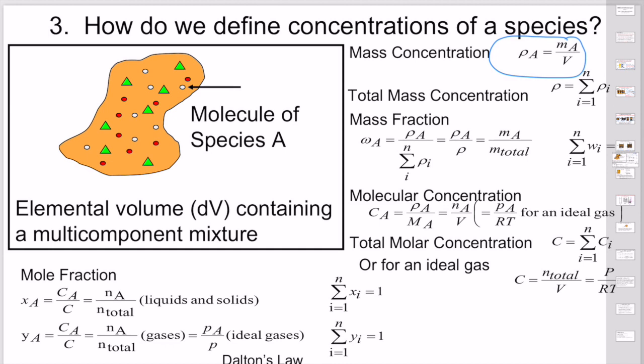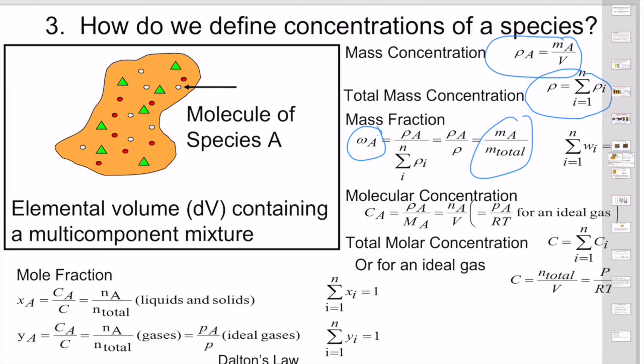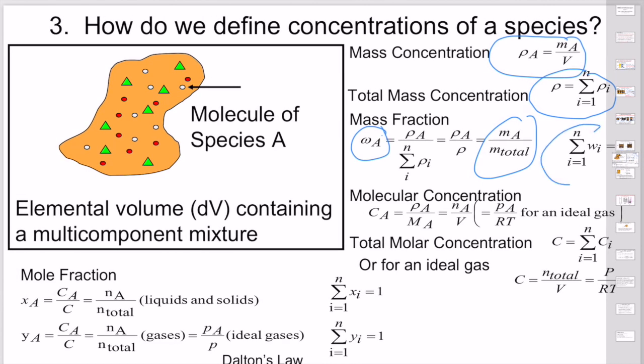It's just mass per volume. If we add everything up for all the species, we get the total density, which is the total mass concentration. We can also use the mass fraction, which is just the mass of that species over the total mass. And if you add up all the mass fractions, of course that equals 1.